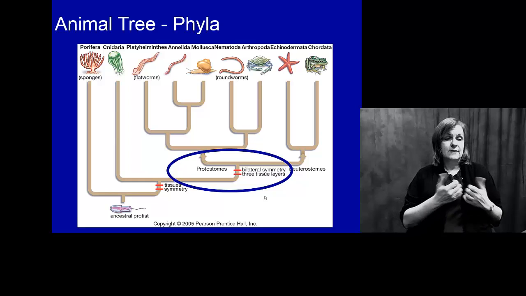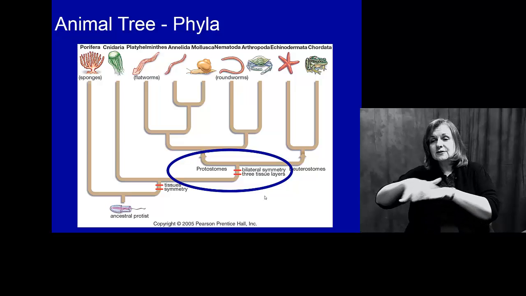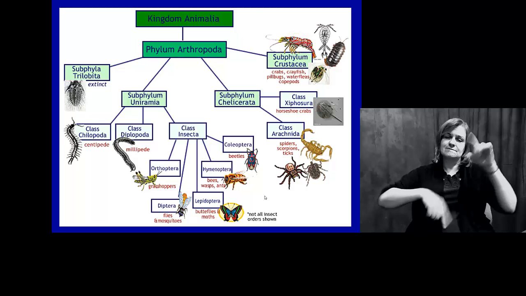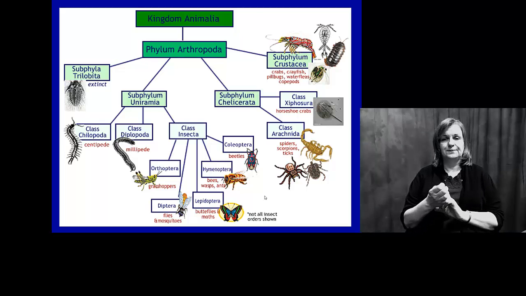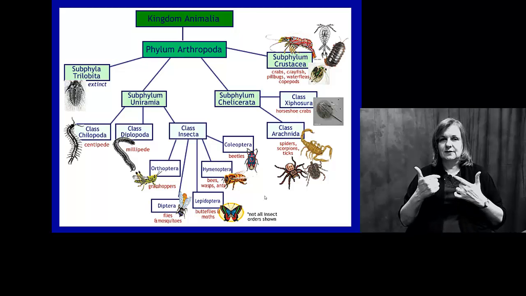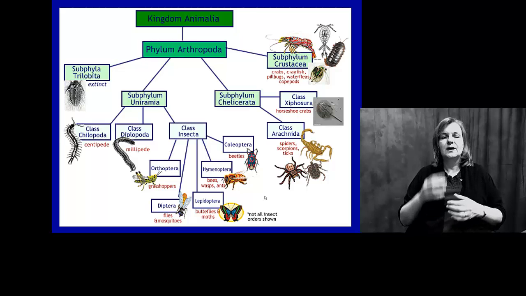So the idea of these bilateral symmetry, 3 tissue layers, protostome development that we have with our arthropods, it is going to allow a lot more development of some of these criteria, some of these derived characters, and within this group, the derived characters are going to be some of the most important.